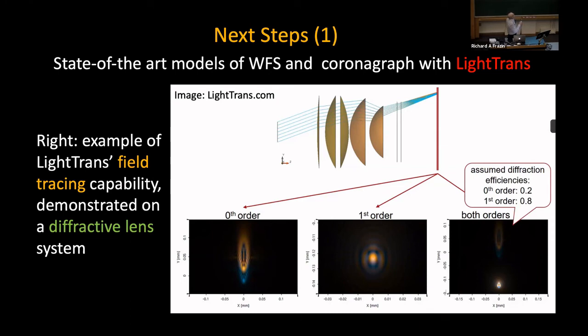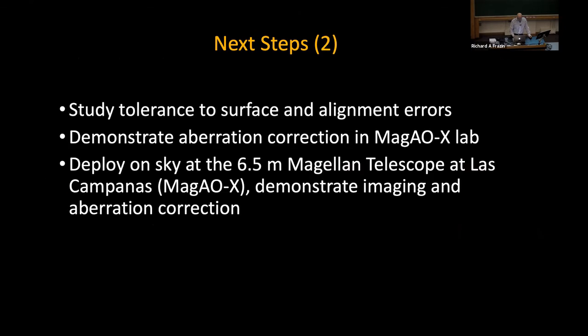And so that takes you to the need for field tracing. So the whole point is we're not planning on leaving much to chance in the optical modeling. We're using the state-of-the-art capability that's available.